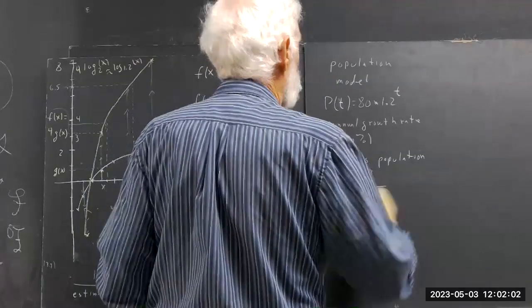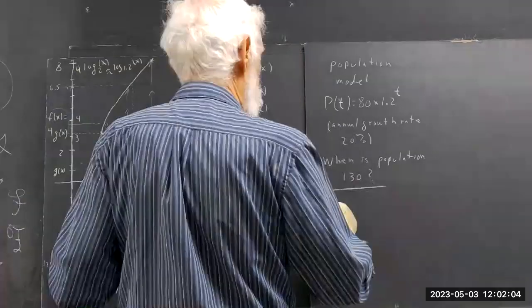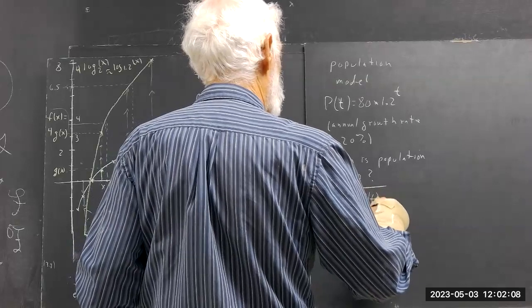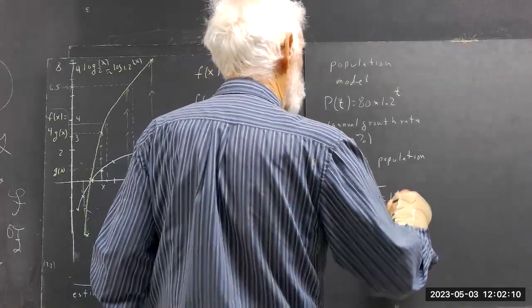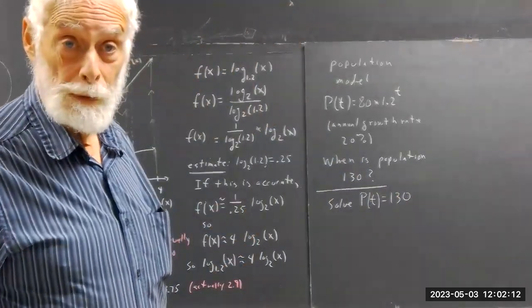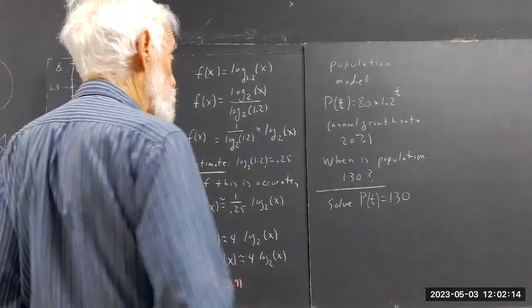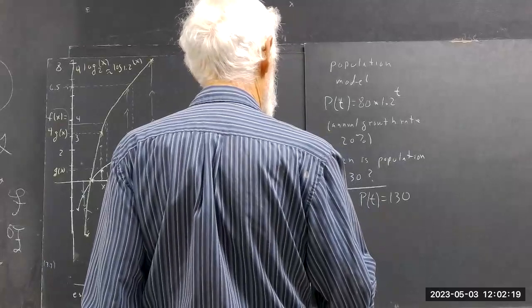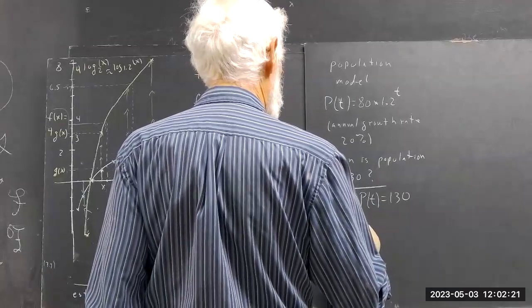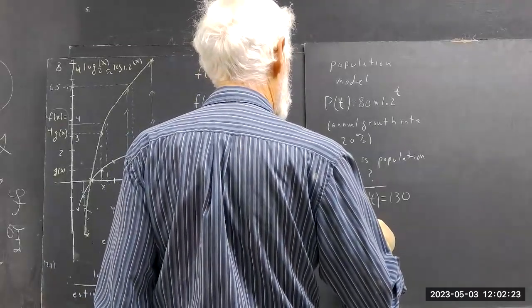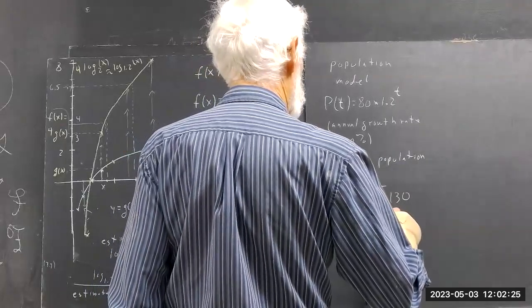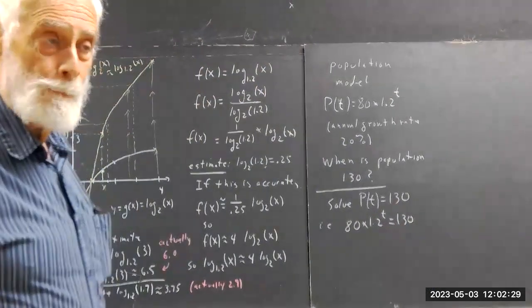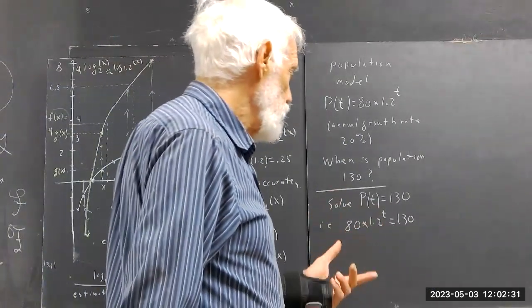Okay, so when is the population 130? Well, to do that, we solve the equation P of T equals 130. And that means that 80 times 1.2 to the T equals 130. Now, that's not an equation that you know how to solve.